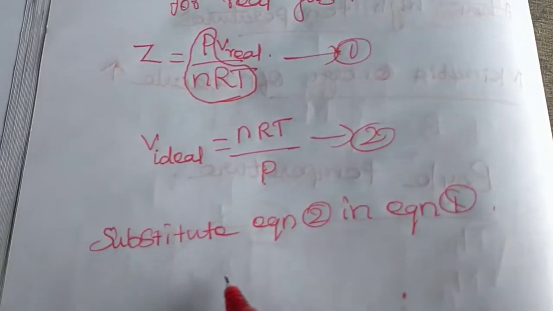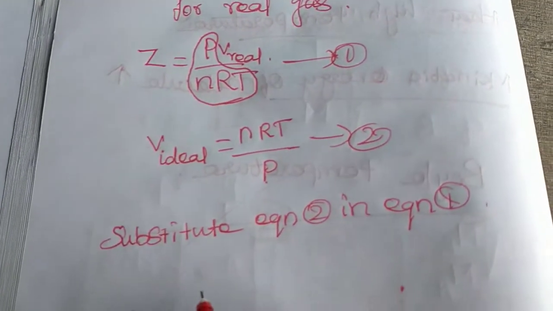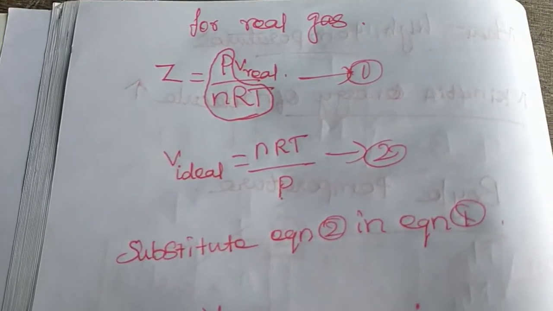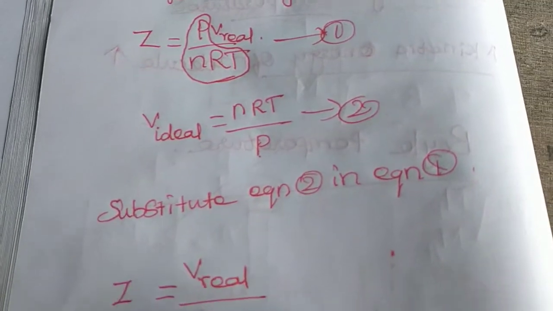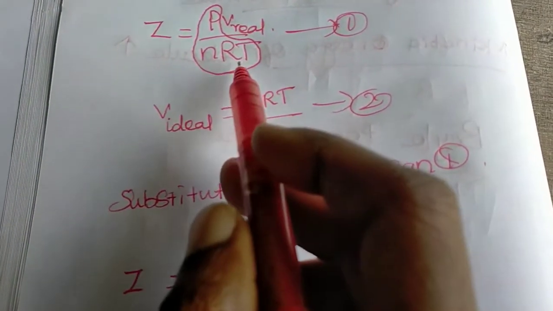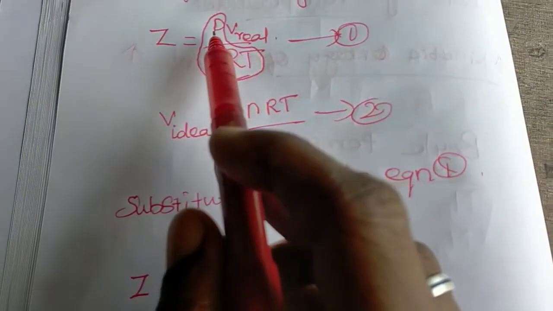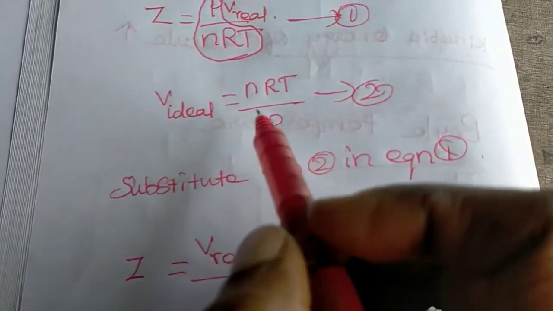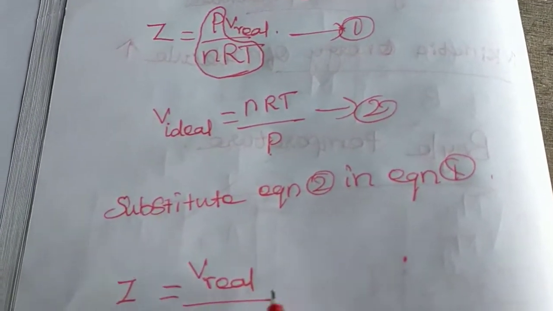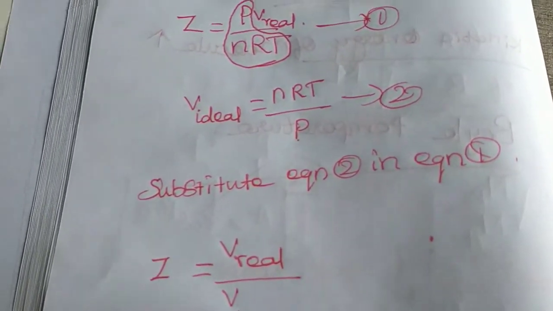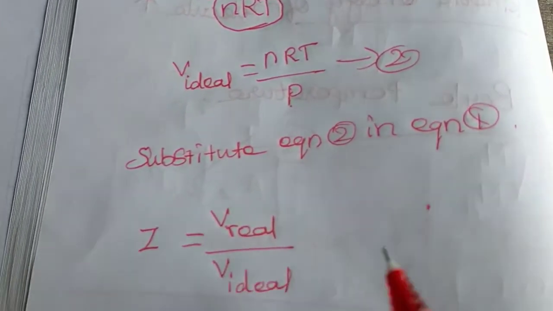So what will be the result? V real. This nRT divided by P is V ideal. So P divided by nRT is equal to 1 by V ideal. So we can write V ideal here.